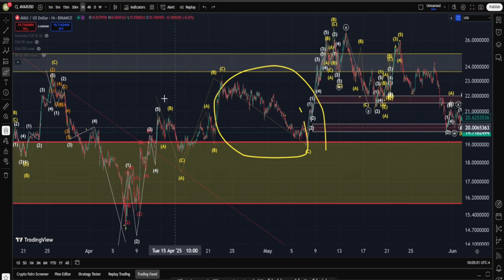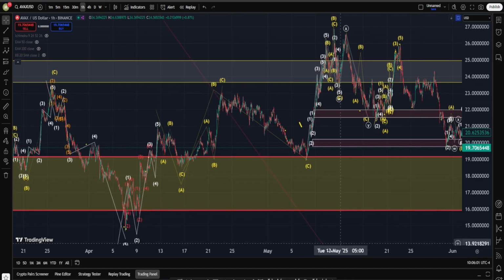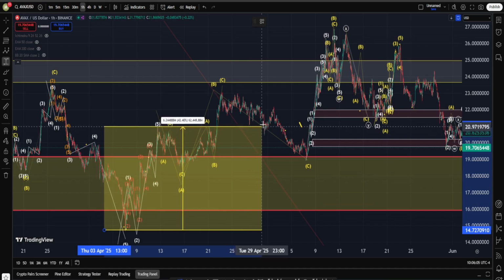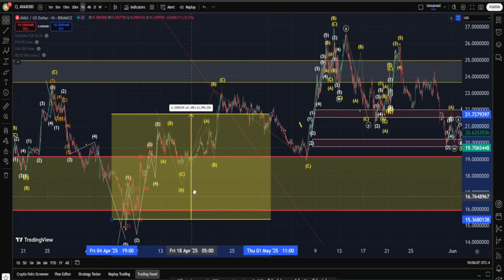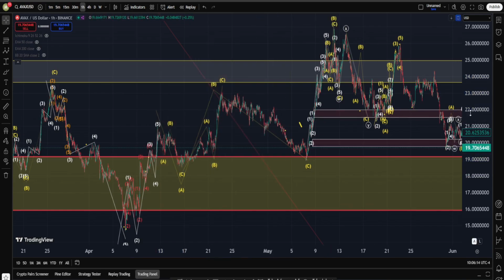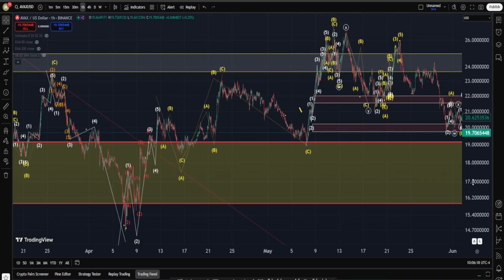Since wave 4 clearly is bigger than wave 2, I'm going to say we also cannot have that scenario. Why? Because wave 3 is clearly smaller than wave 1. Let's measure it real quick from this point to about this height. This is our wave 1, and let's compare it to wave 3. As you can see, wave 1 is clearly and definitely bigger than wave 3, which is not allowed in an expanding leading diagonal.